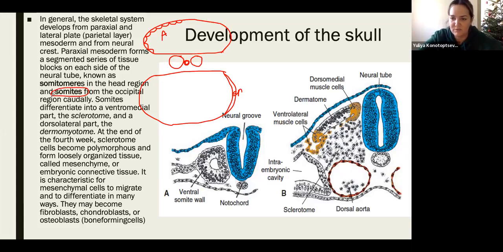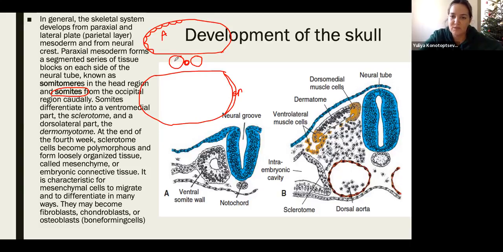Each somite, and there are many of them, we start making approximately from day 20, and we finish making them approximately around the 5th week. And by the 5th week, you have made around 41 to 42 somites.